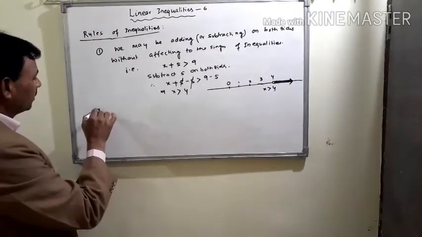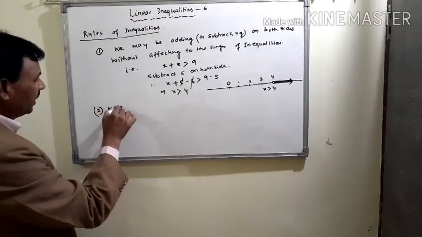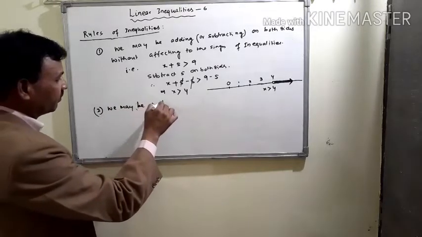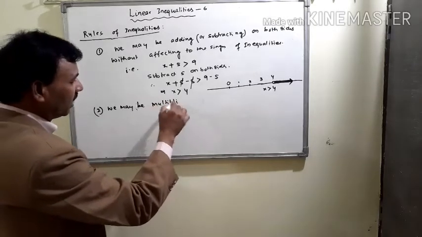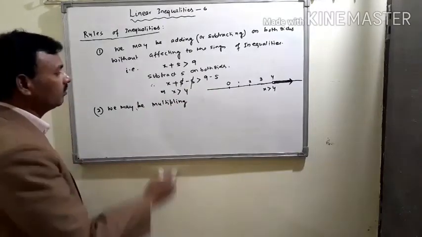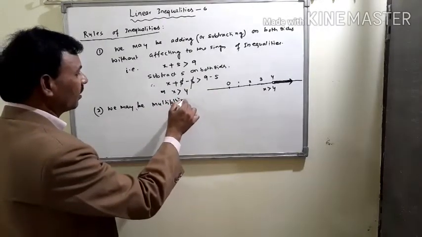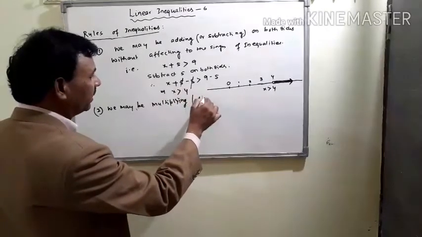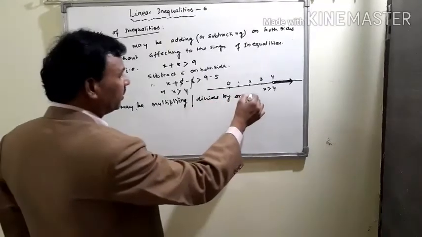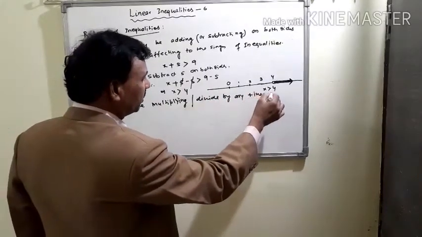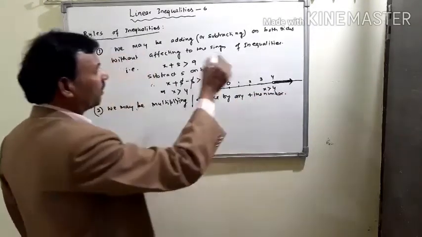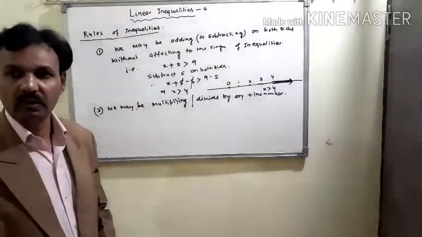Second, we may multiply or divide by any positive number without affecting the sign of the inequality.